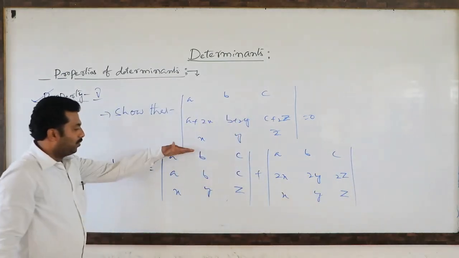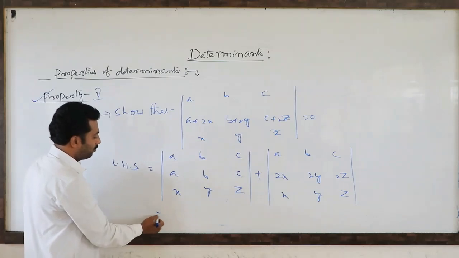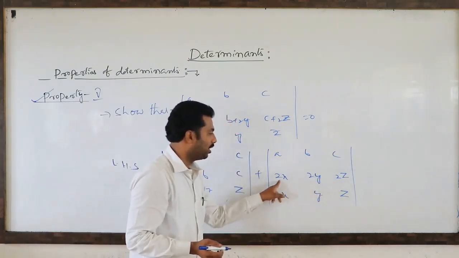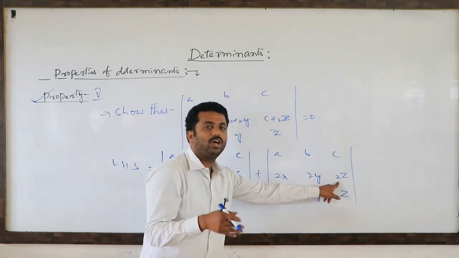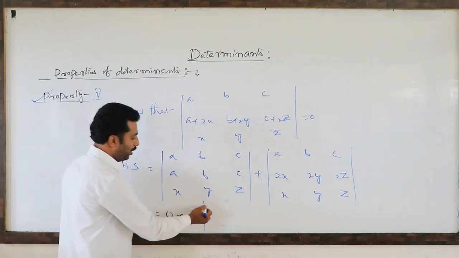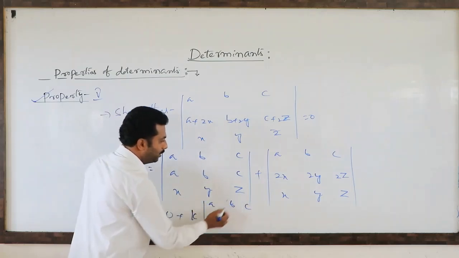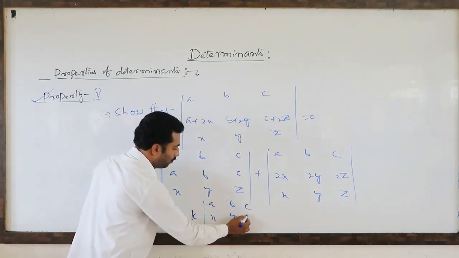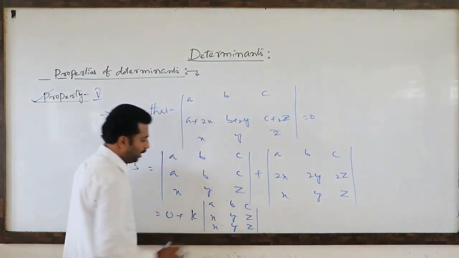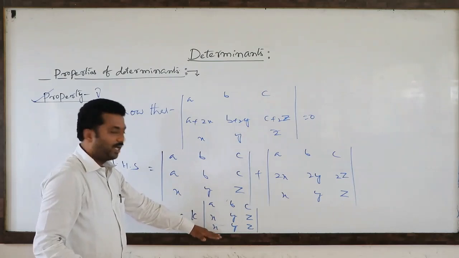R1, R2 identical, so this determinant is 0, no doubt about it. Can I take 2 common here? Because all the elements of a row multiplied by some constant means you can take it common from that row. A, B, C; x, y, z; x, y, z. Again R2, R3 identical.